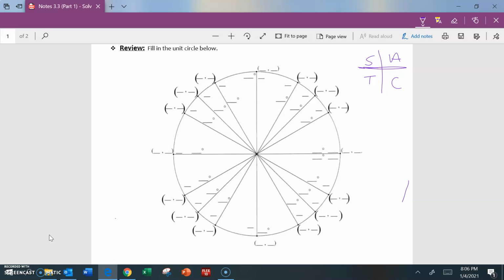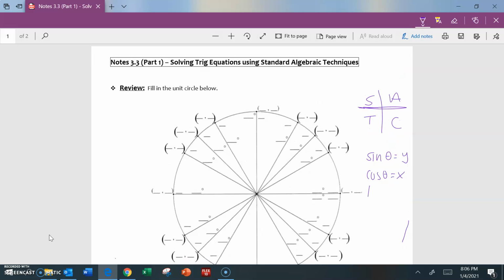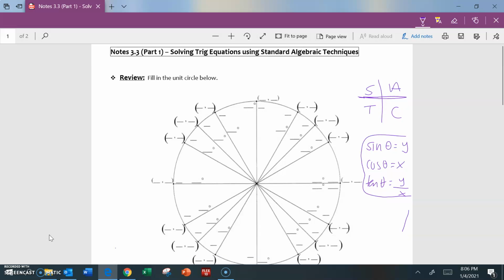One of the things that I would probably write also on your notes is that remember the sine of theta is equal to the y value or the y coordinate. The cosine of theta is equal to the x coordinate. And the tangent of theta is equal to y over x. So if you can remember those, those are a couple things that might help you.